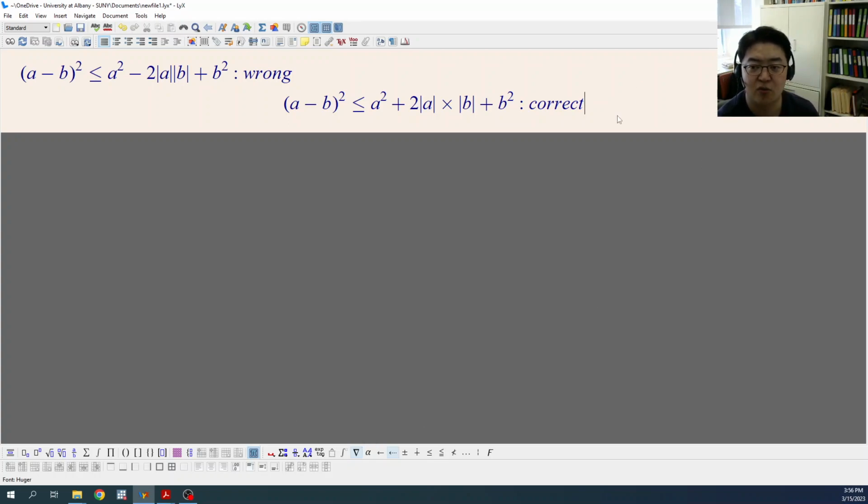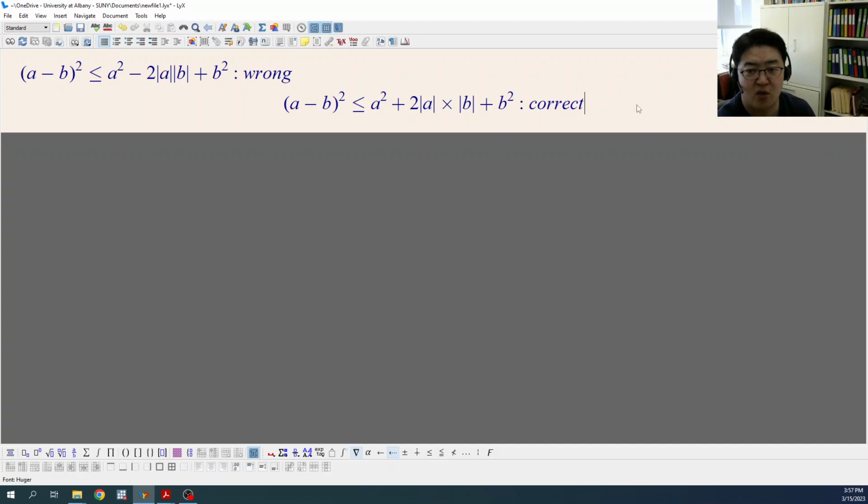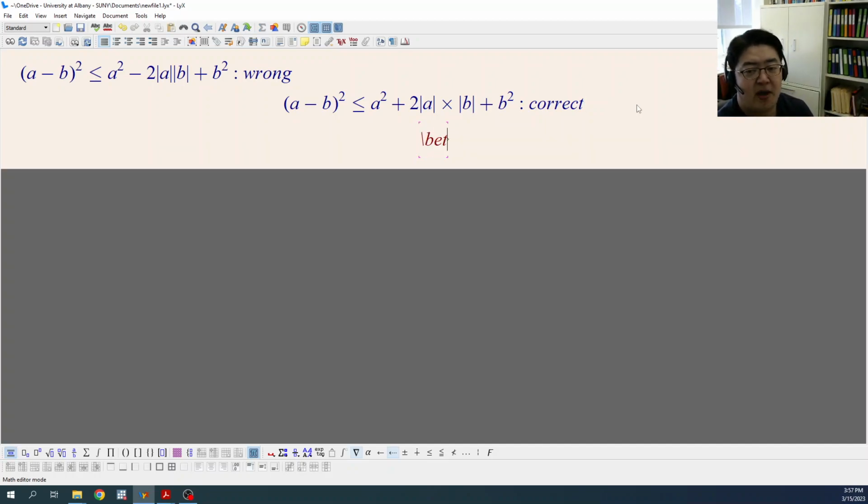Also, one common notation many of you did not know is, say, beta transpose. The notation I use is superscript, but you can click this, and I know the shortcut.